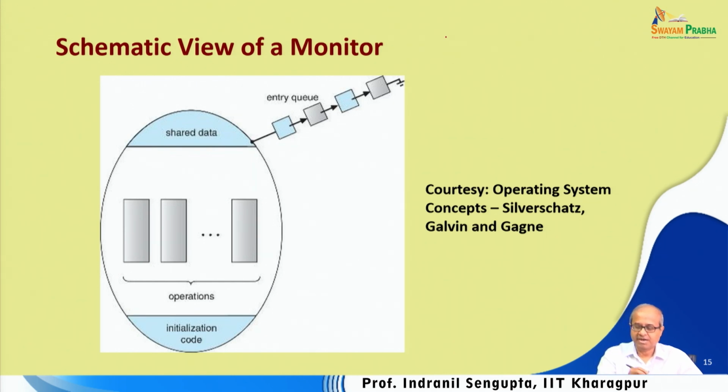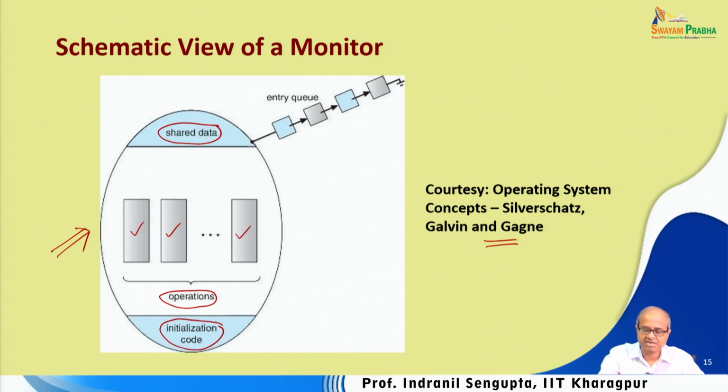This is a diagram which is available in this textbook. This diagram shows whatever I specified in that code. This is your monitor. Monitor can contain some shared data, it can contain some procedures, here referred to as operations, and you can have a code to initialize the variables whenever you create the monitor.